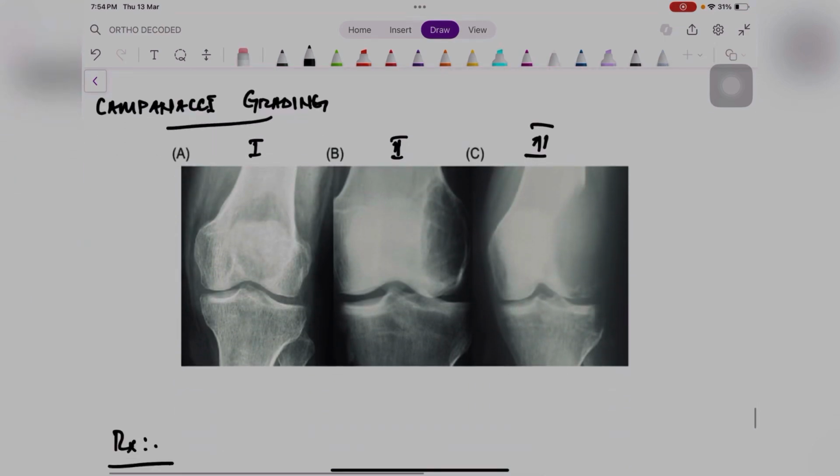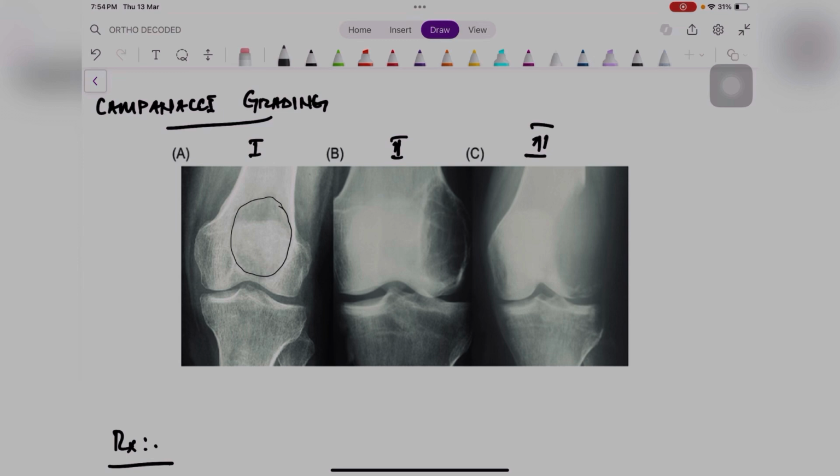giant cell tumor. Coming to the grading, they are graded by the Campanacci grading. In Campanacci grading, there are three grades: grade 1, grade 2 and grade 3. In grade 1, the lesion is within the cortex. There is no cortical destruction.